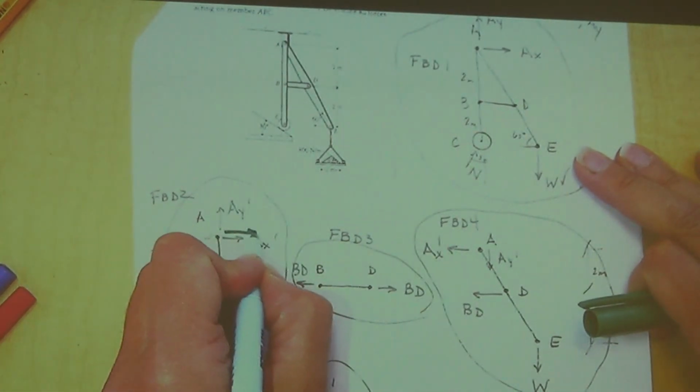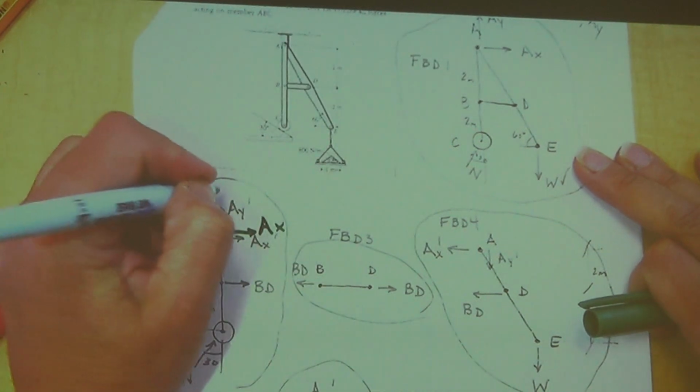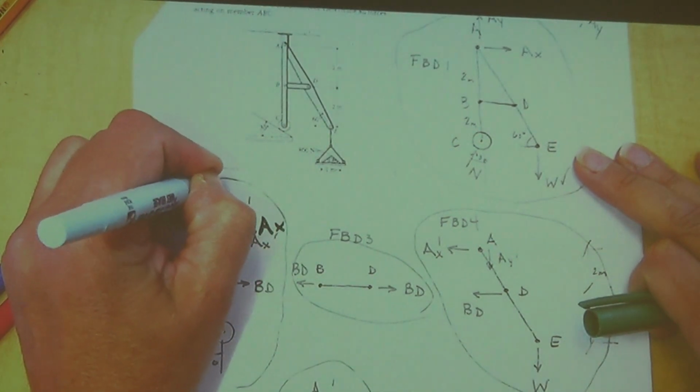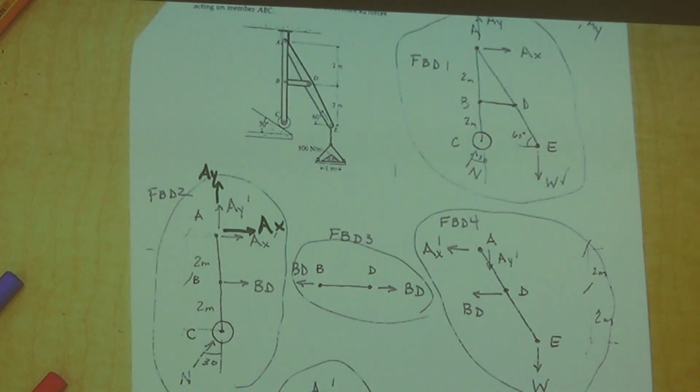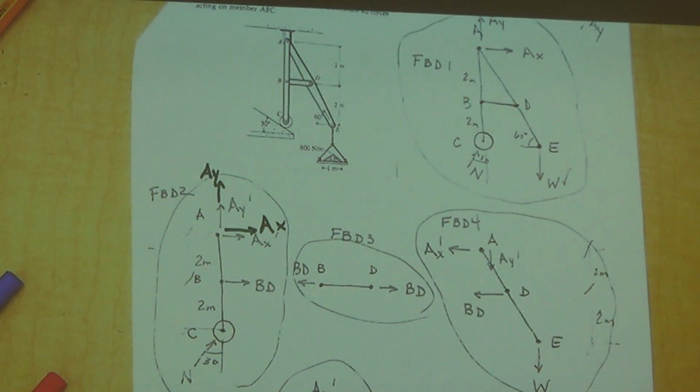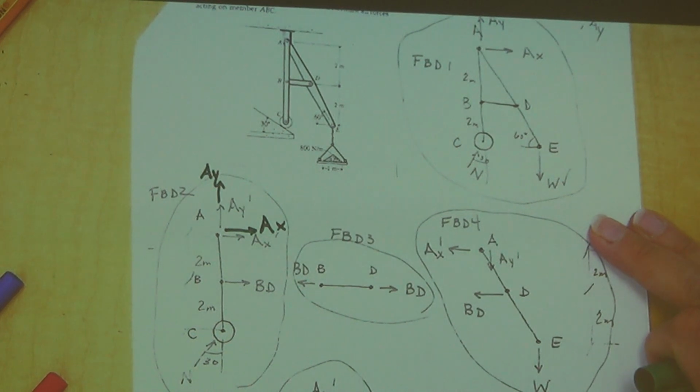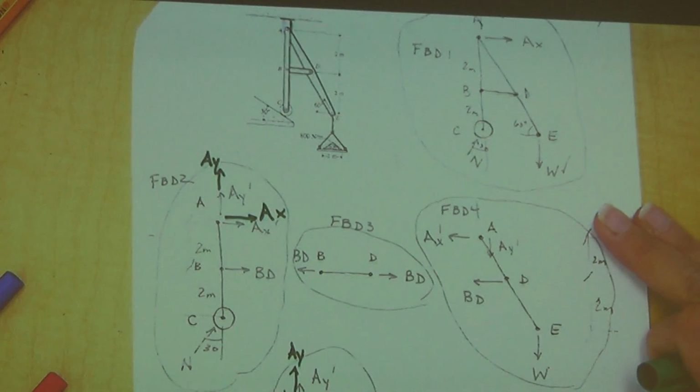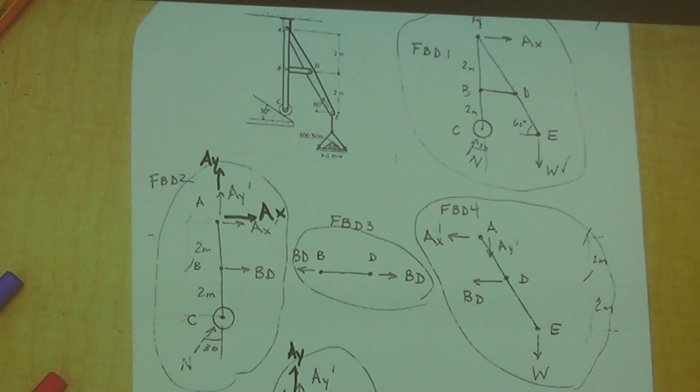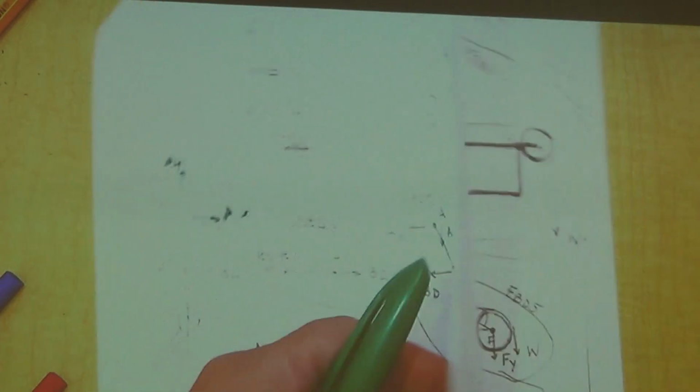So this one I should have drawn AX on it and AY. And down here, the same thing, AX and AY. If you ended up crossing out 3.5, yeah, we didn't do it, but just in case. Okay, so that's what I left off.